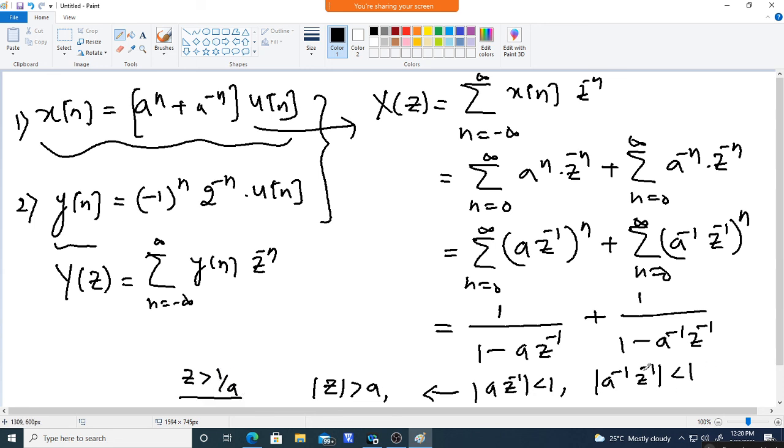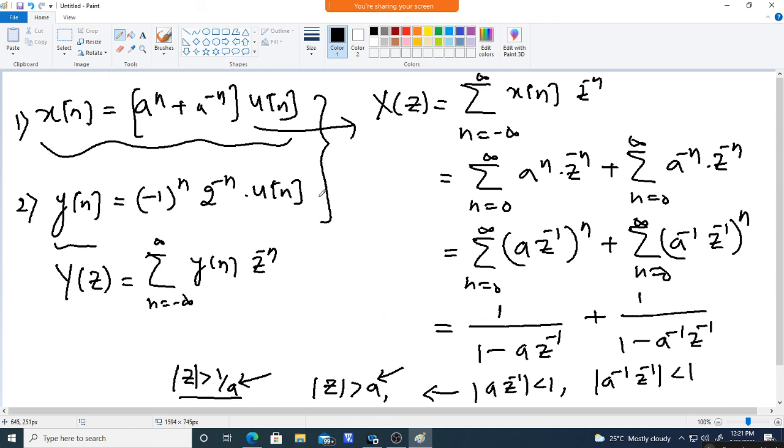So this is for the ROC. Here simply the variables come into the picture. The a value can be anything, but when you decide the ROC, since this z value is a real value, you need to take the maximum of these two values, so that you will get the ROC. This is the general case; instead of giving values, they are giving it in terms of the variable a.